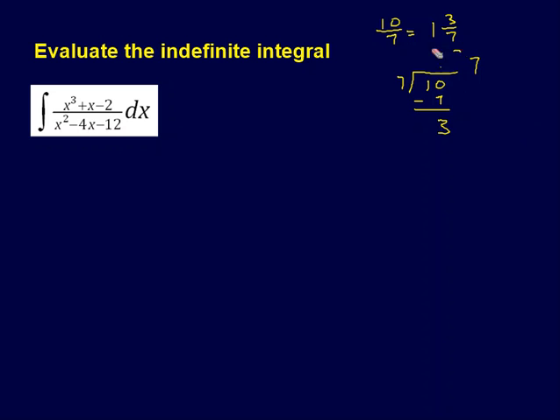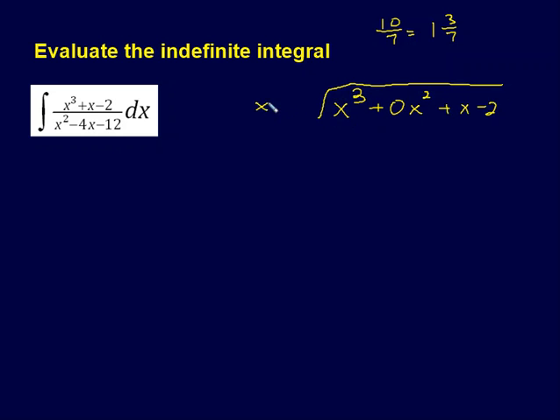Okay, now I'm just going to erase that, and we're going to do that same thing with our fraction. So we're going to take the numerator, which is x cubed. Now, don't forget we got to sneak in an x squared term, which will be 0x squared plus x minus 2, and we're dividing that all by x squared minus 4x minus 12.